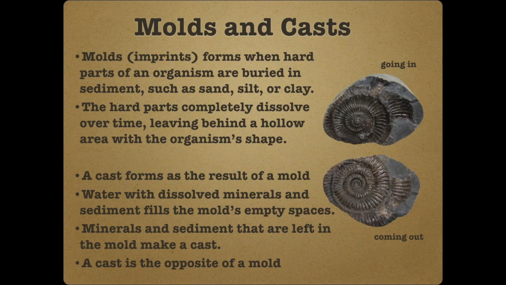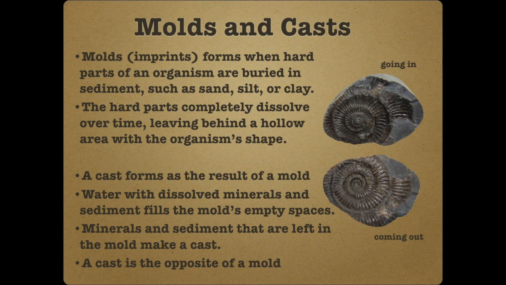Here we have molds and casts. Molds are imprints. These imprints are basically, like we talked about before, when the sediments lay on top of the organism, squish it down, and then the dead organism makes a pattern inside the ground. Then the organism starts breaking down.